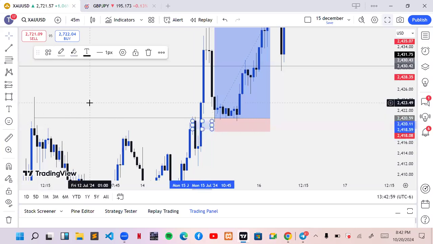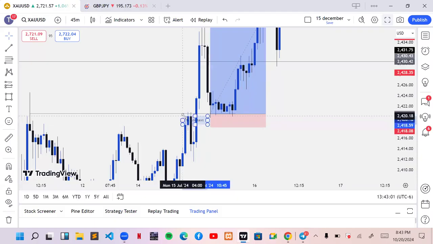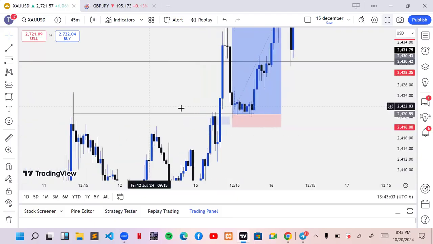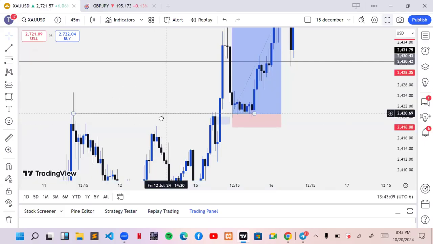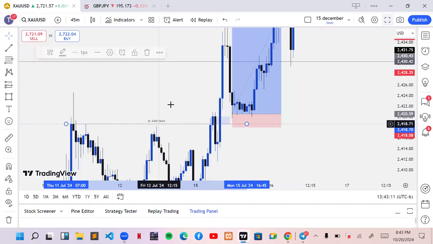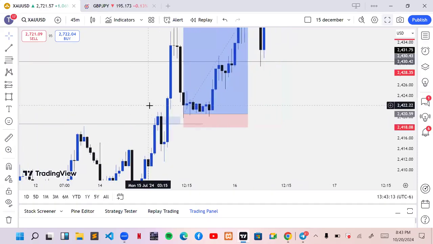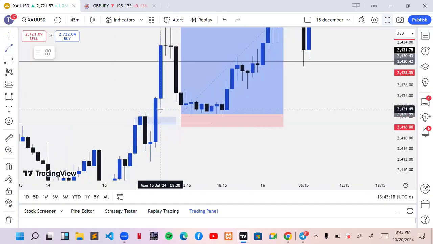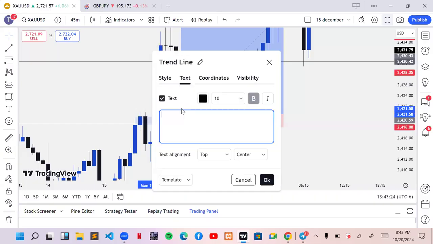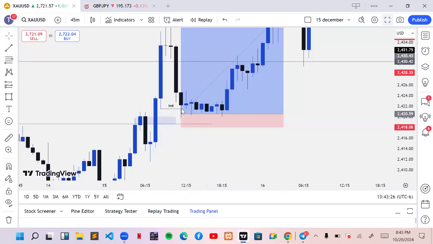Then there was a break of structure, market breaking past a resistance level here. After market broke past this resistance level, it made an inducement. That's a pullback, which is this wick right here. This is the pullback that market made. This is our inducement right here.